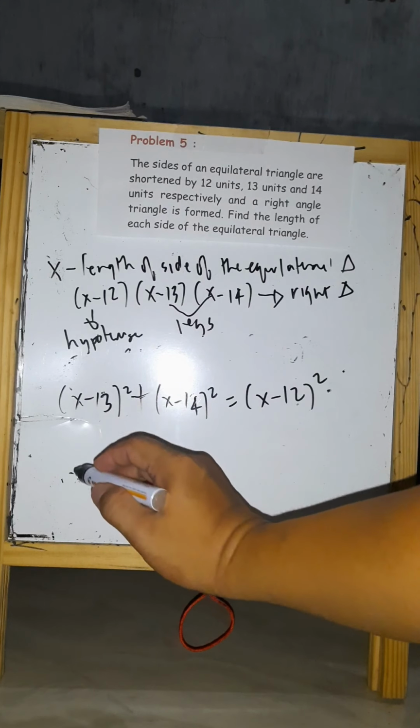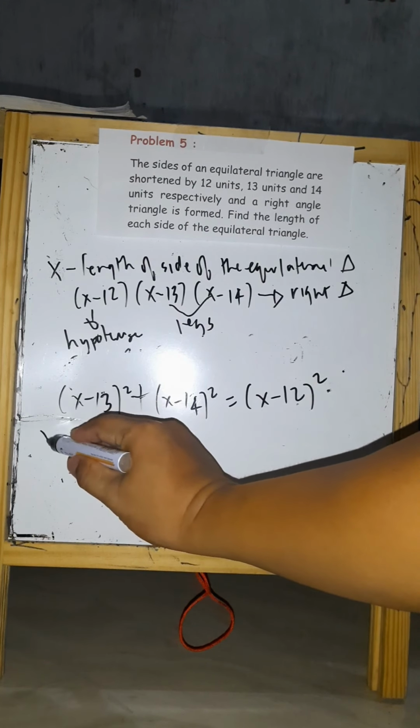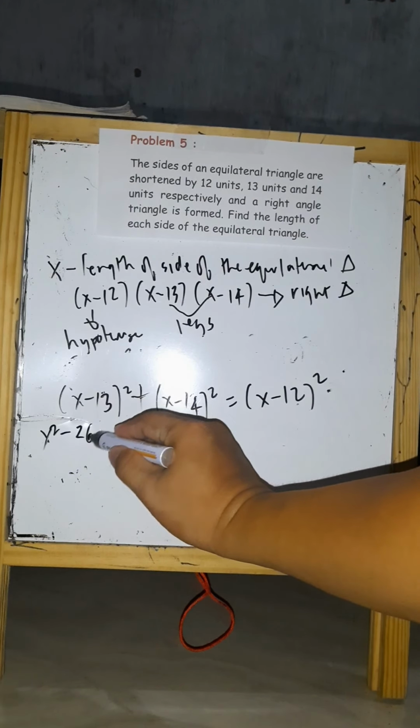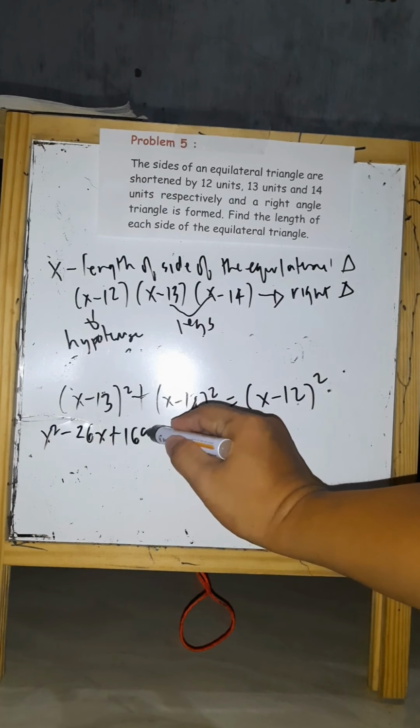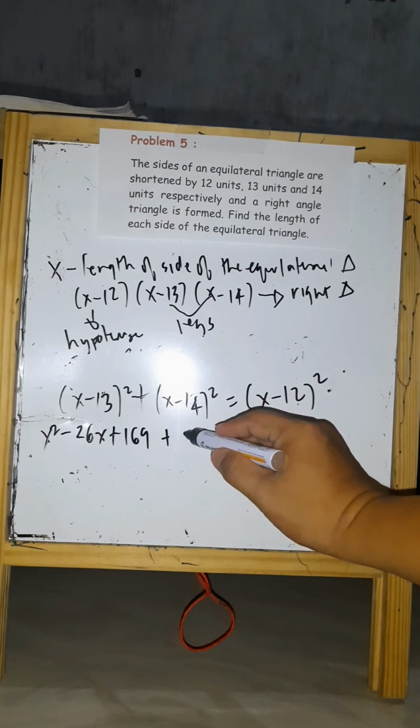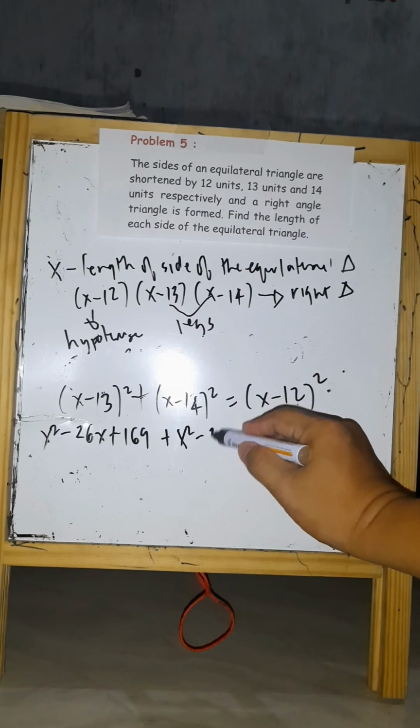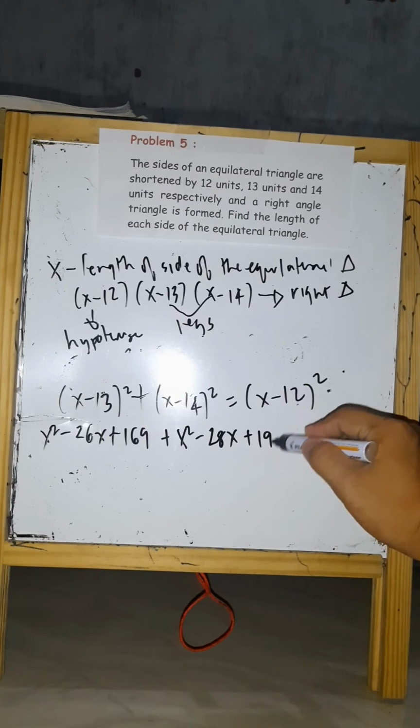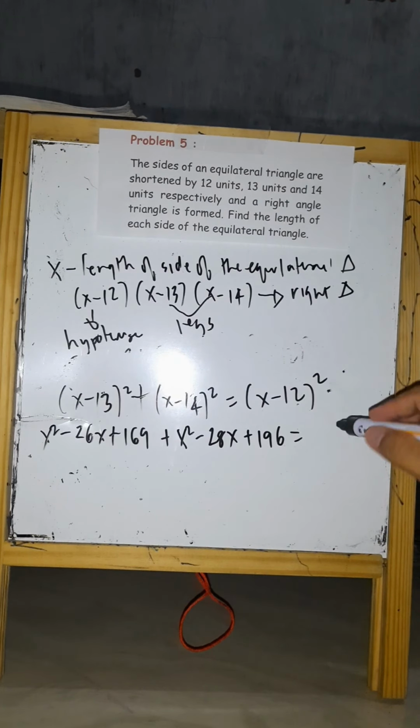Squaring x minus 13, we get x squared minus 26x plus 169. Squaring x minus 14, we get x squared minus 28x plus 196. And squaring x minus 12, we get x squared minus 24x plus 144.